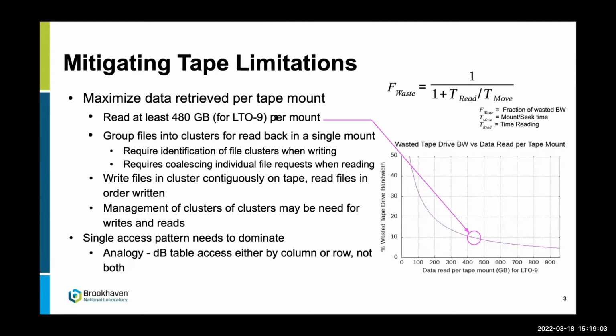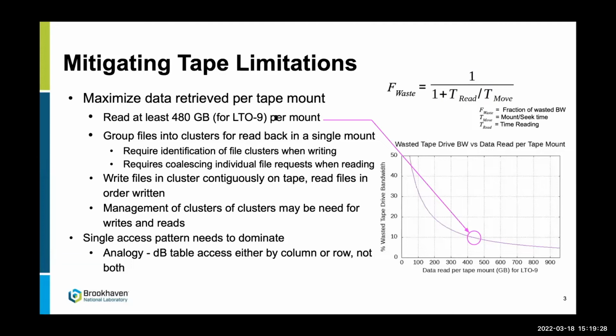So in order to achieve high tape drive effective bandwidth, you're going to have to be reading groups of files back on each tape mount. I call these groups of files clusters in order to standardize on terminology for this particular presentation, right?